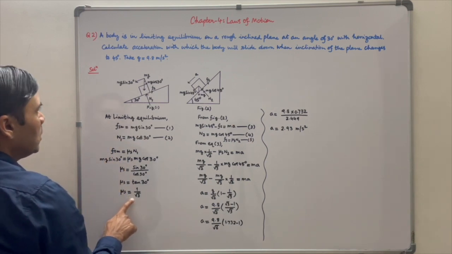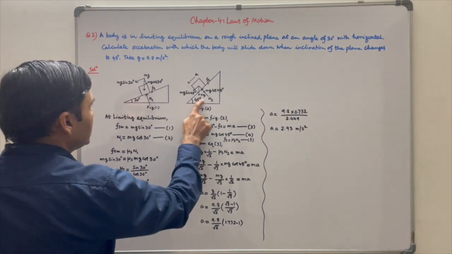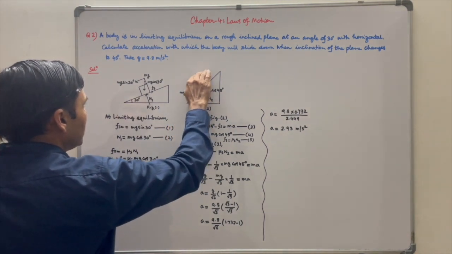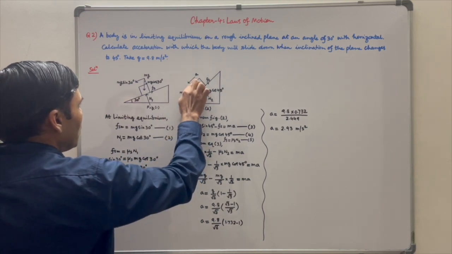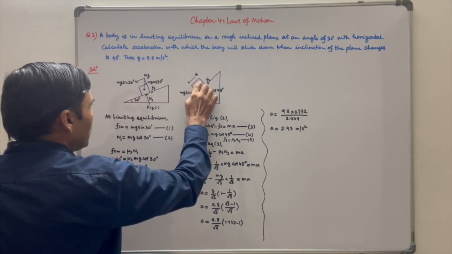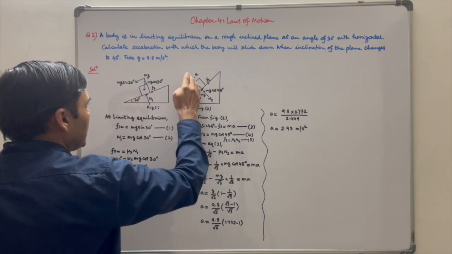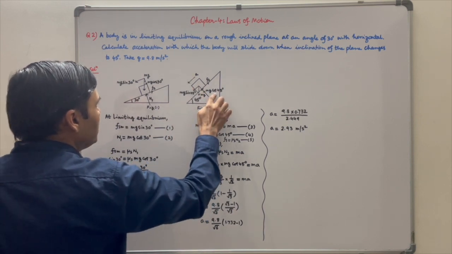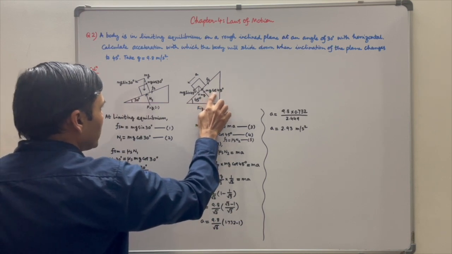When angle of inclination of the plane changes to 45 degrees, this block will start accelerating downwards. That means net force on this block will be downwards. Component of weight of this block in this case along the plane will be mg sin 45 and perpendicular to the plane will be mg cos 45, and N2 will be mg cos 45.